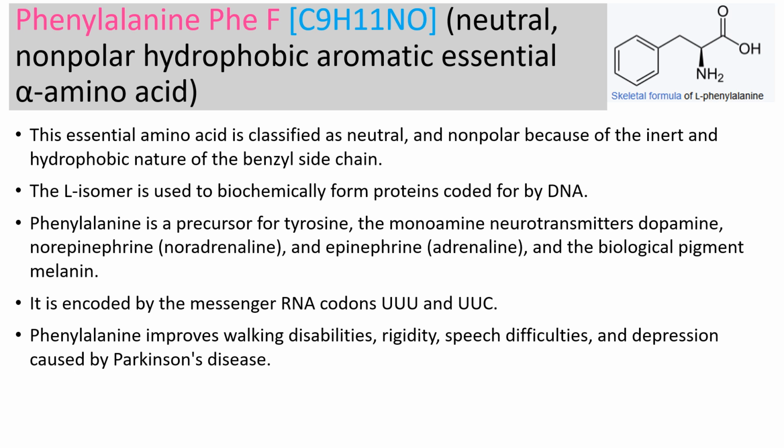This is exactly why a lot of patients suffering with Parkinson's disease are actually given phenylalanine. It also helps in walking disability. So let's say someone's having issues with walking, and they are given prescription phenylalanine medication. Okay.